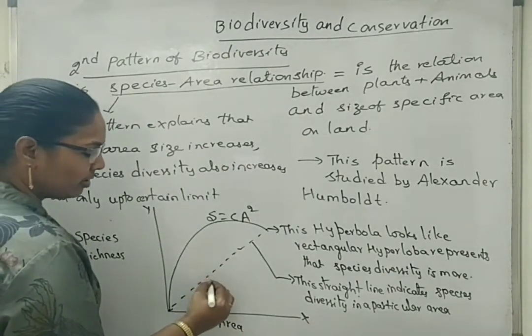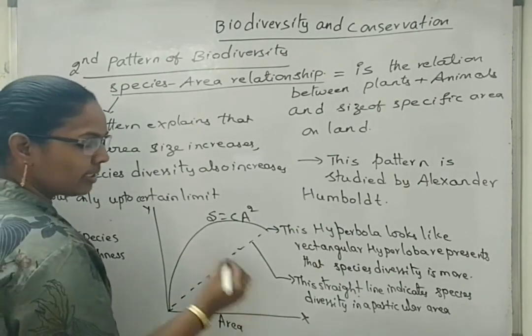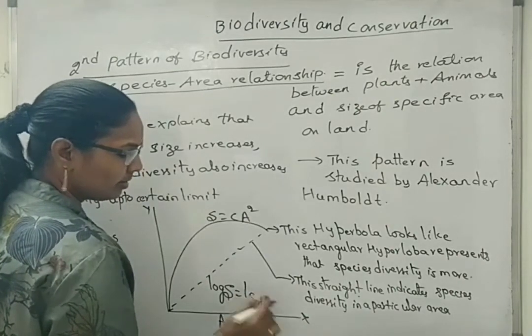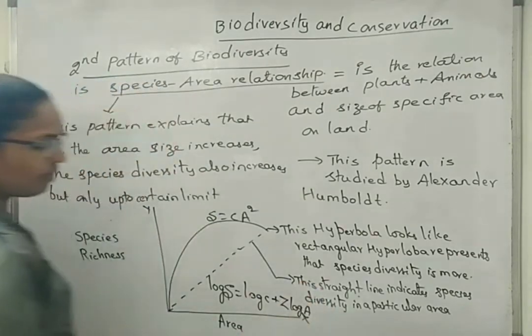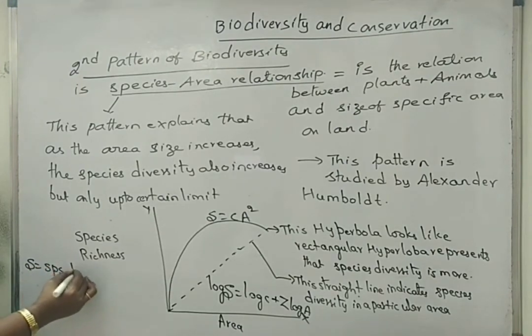Here we can frame one equation given by Alexander Humboldt, that is log S equals log C plus Z log A. What is this? S is species diversity. A is area.